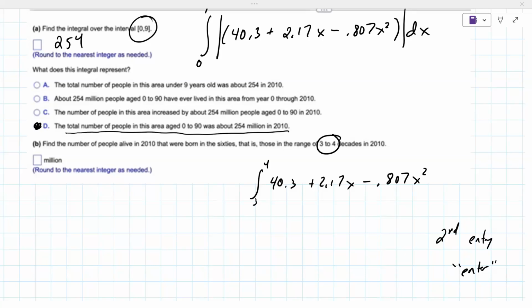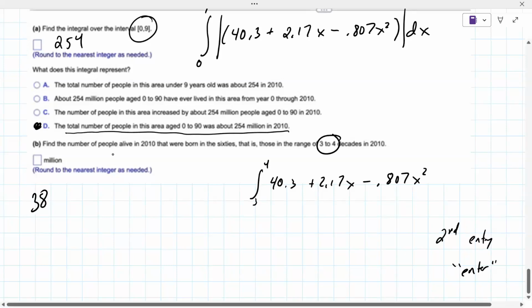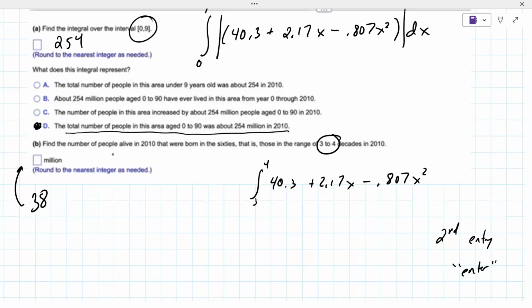I got 37.942. Round to the nearest integer, so we'll say 38 million. Okay, we're doing great. Moving right along here.